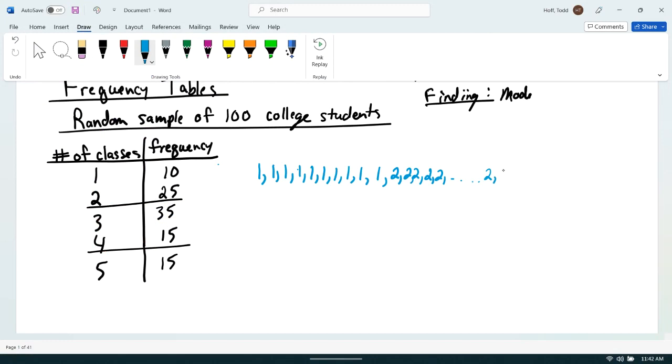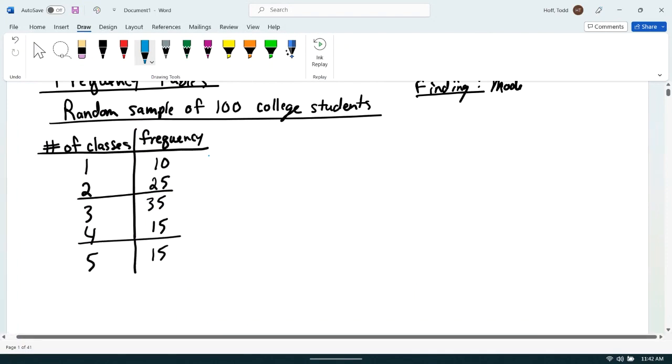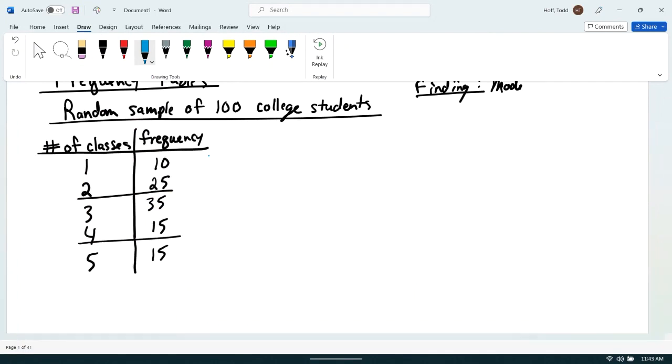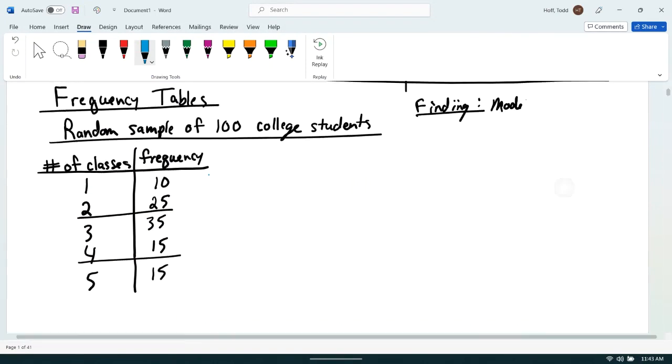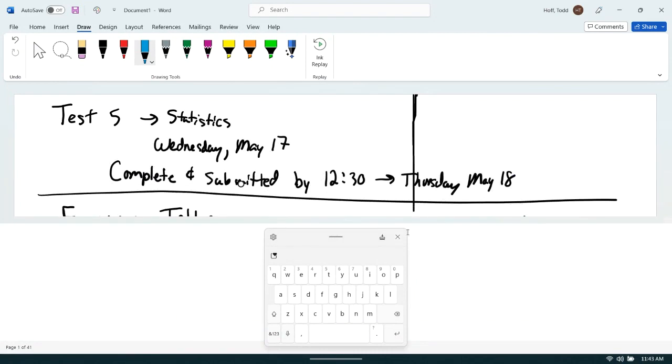And then we have 35 threes. We have 100 numbers here. And so this is just saying, well, there's only 5 different numbers. So rather than listing out all 100 results, let's just put the frequency with each of those 5 possible results. But it really is that long list. So the mode is 3, because 35 people chose 3.